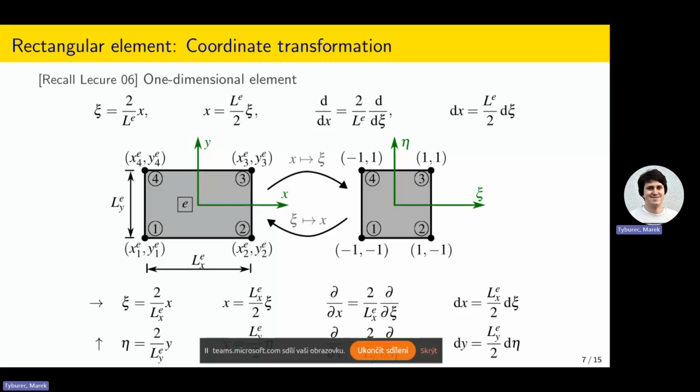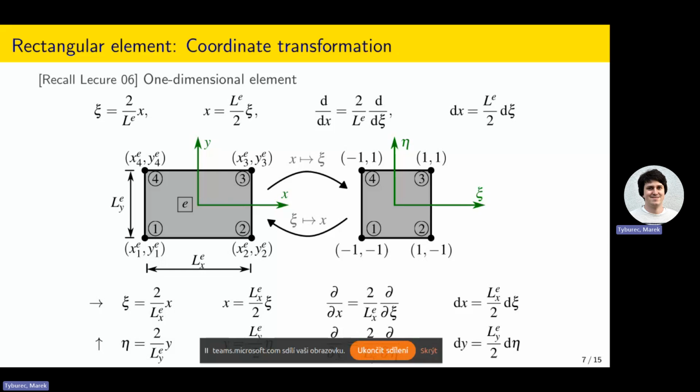So we can write down something that is like 1 over L. Or maybe let's do it in this form, it's simpler to work with. So for one node, you can write N1 as one half times (1 minus xi), and we multiply it by the same shape function but in the other direction.